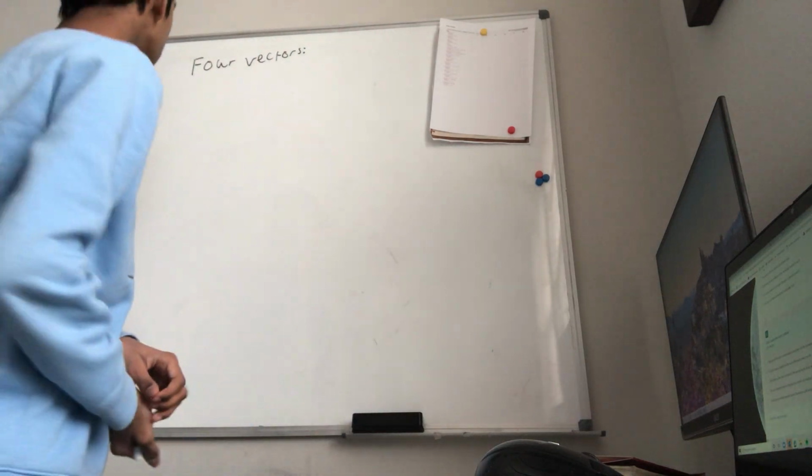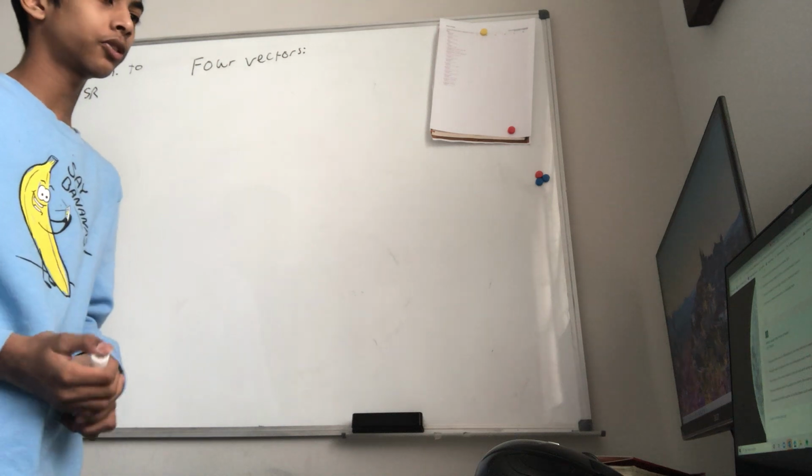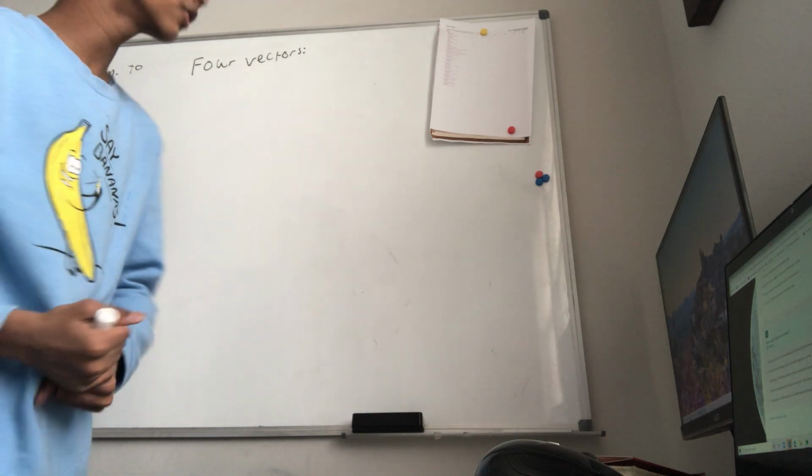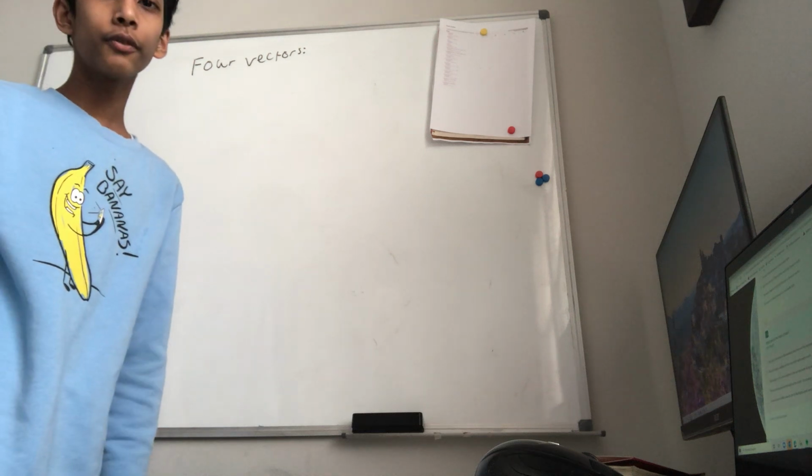So today we're going to be talking about a preliminary topic in our series on special relativity, and in this case we're going to be talking about four vectors. So what is a four vector?